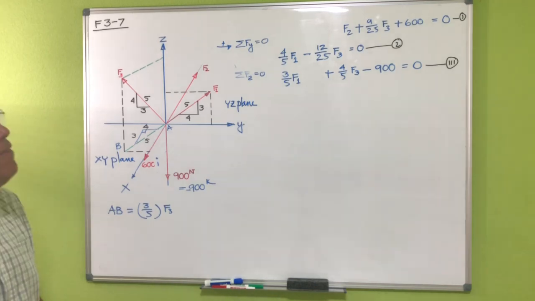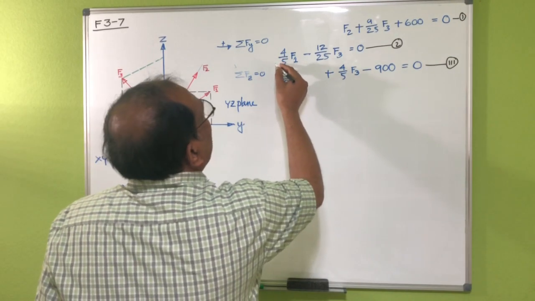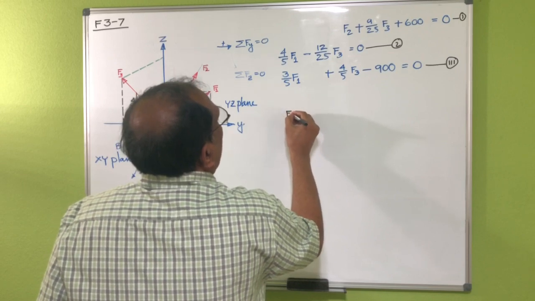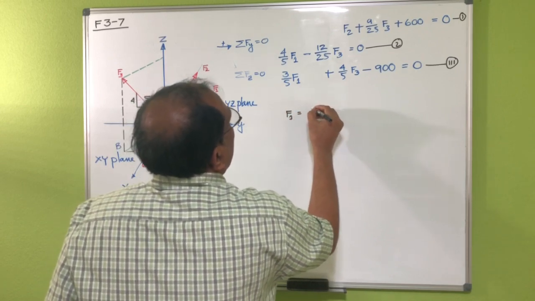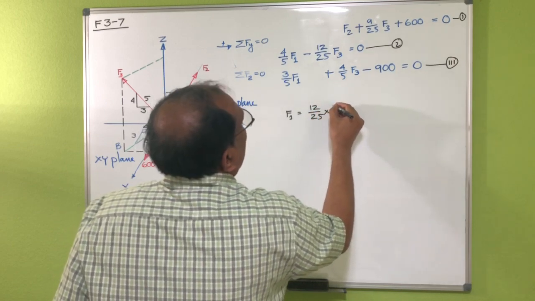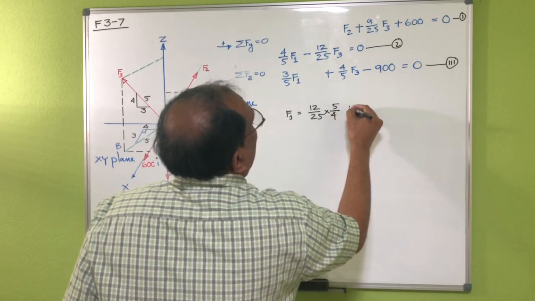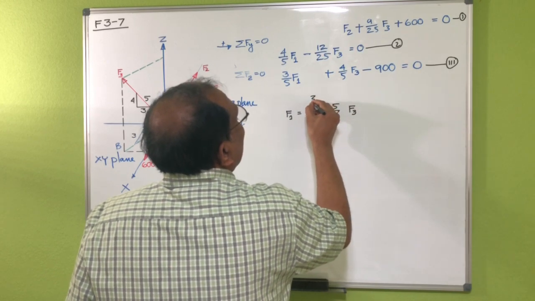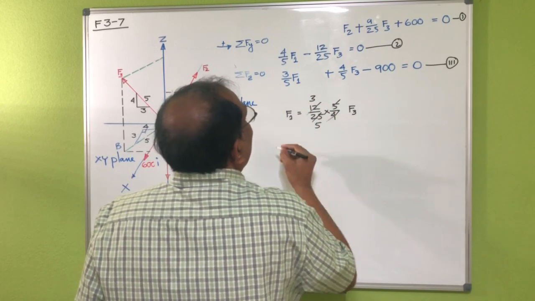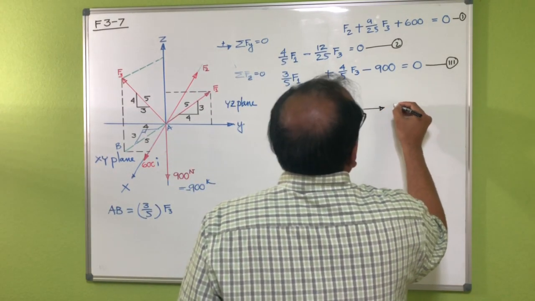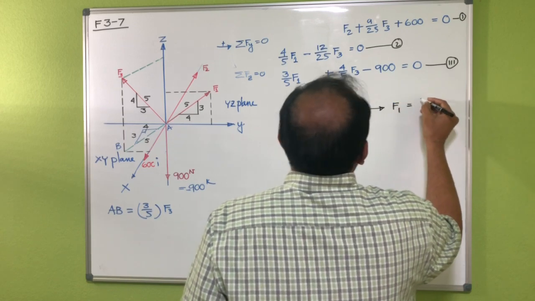Now if I first use this one here, F1 and F3, equation number 2, then you can make that relationship: F1 is equal to 3/5 of F3.